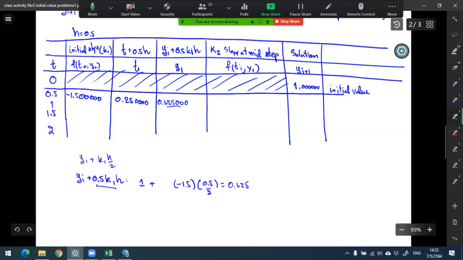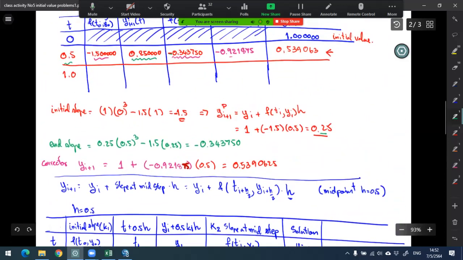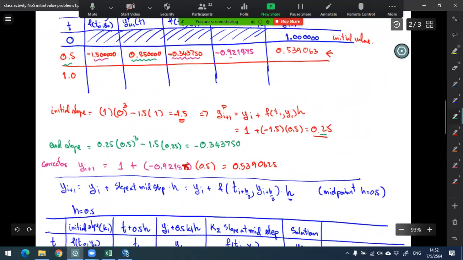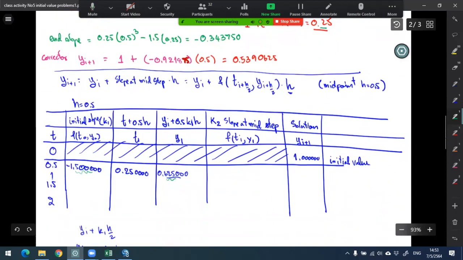Then we do the same thing. Use this value and this value, substitute into f of t, y. That is, f of t, y is y cubed minus 1.5y.